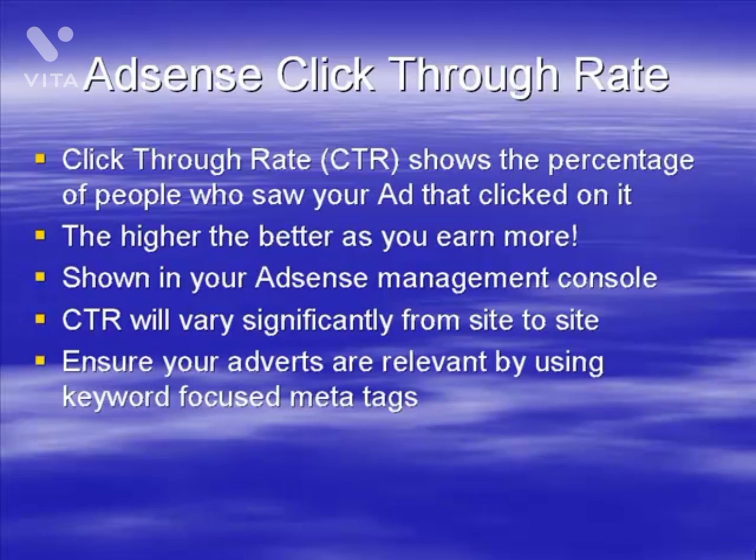One way to get a good conversion rate is to make sure that you have good adverts on your site. Now if your site hasn't got meta tags, so your meta title, your meta description and your meta keywords on, the adverts that it displays are not going to be very relevant. I will tell you that right now for nothing. So you need to go through your website, look at the adverts that are being displayed and check they're relevant.